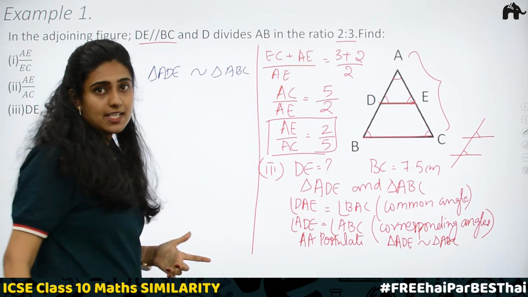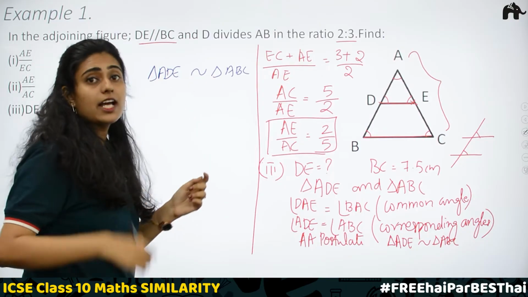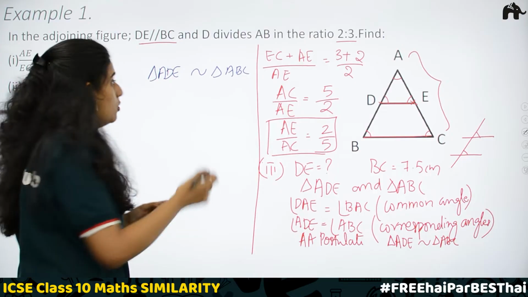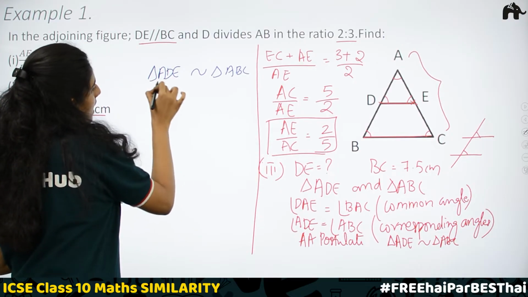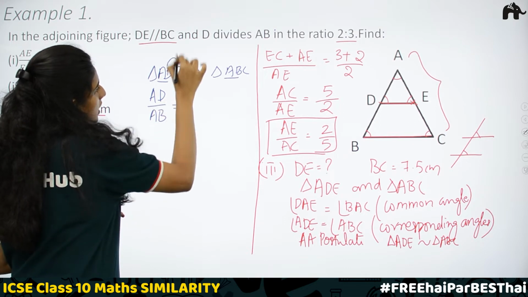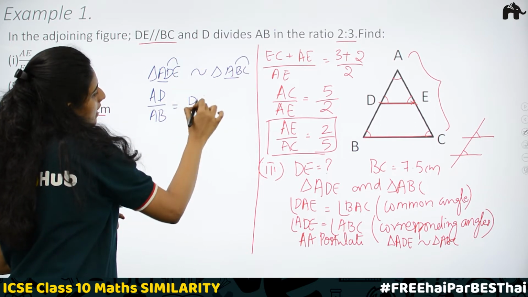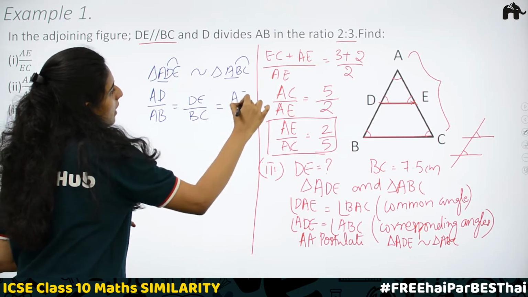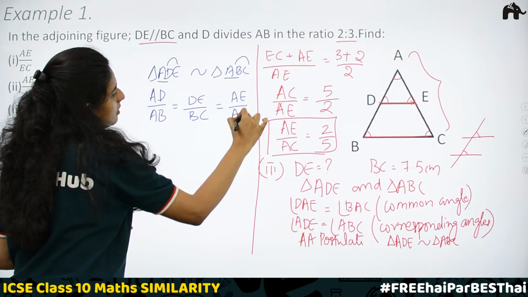If two triangles are similar, then the ratio of their corresponding sides will be equal, or the corresponding sides will be proportional, which means AD by AB is equal to DE by BC, and that is equal to AE by AC.